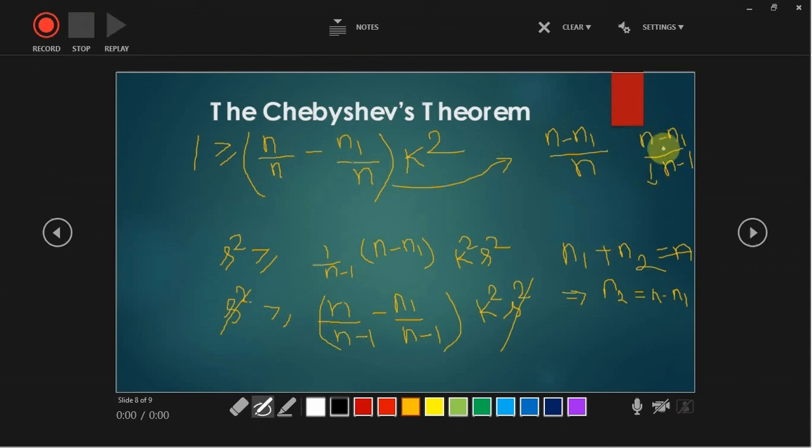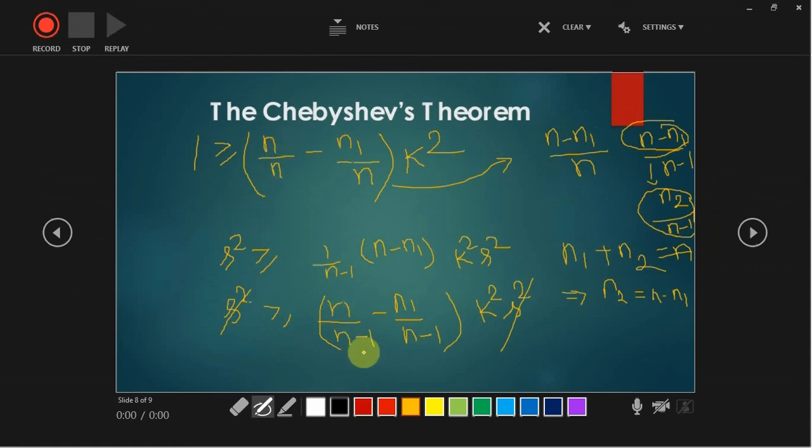So to simplify this is n2 over n minus 1. So we were dividing by n minus 1, a smaller number, and we ignored the minus 1, and now we are dividing by a larger number. So if we divide by a larger number here, its value will further diminish.